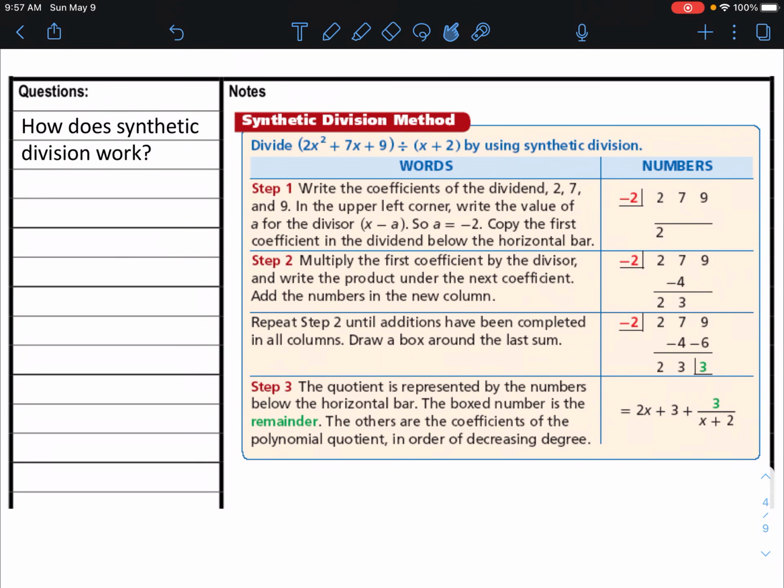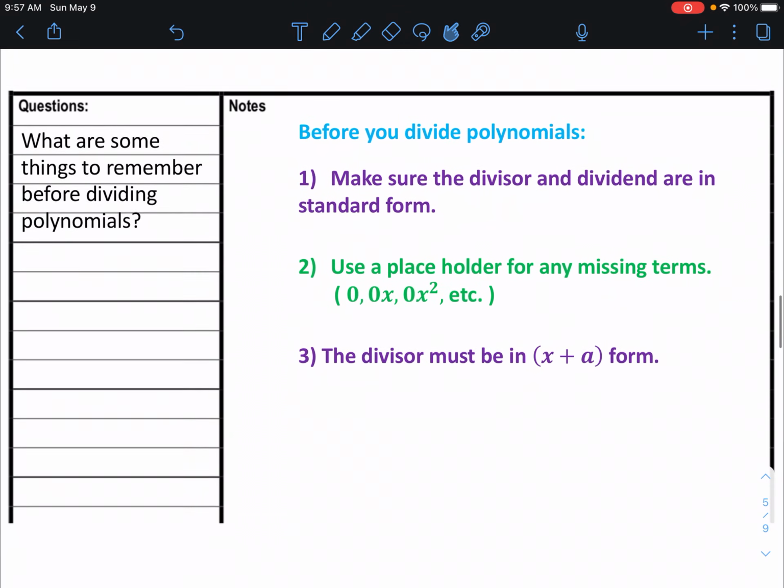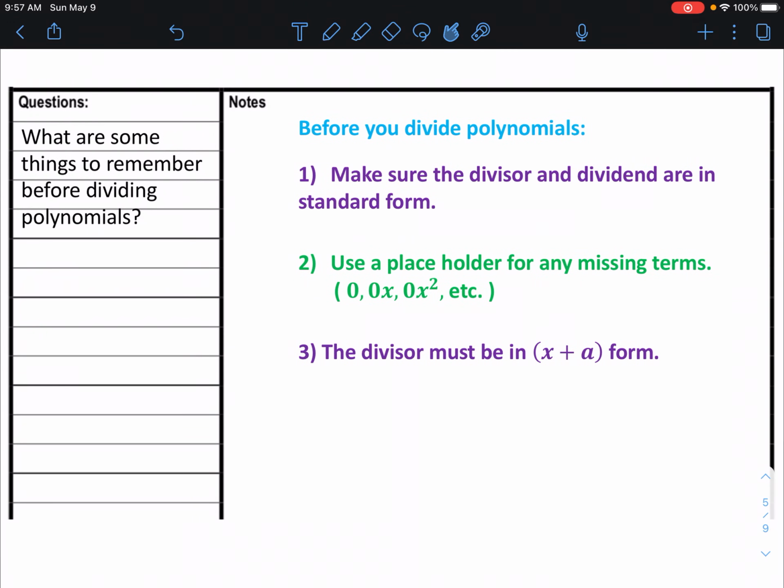Here's sort of the process that you'll see in the book, but this is a little confusing, so I just kind of want to go through this step by step. Just like with long division, we need to make sure our divisor and our dividend are in standard form. And then if there's any missing terms, we want to make sure that we're using 0 or 0x or 0x squared, whatever the term is, as a placeholder.